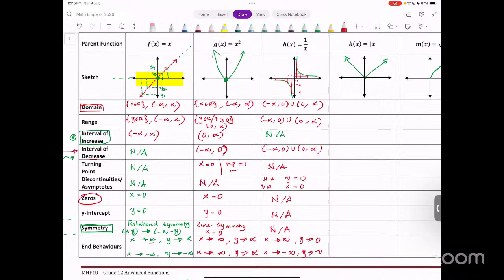Yeah, we only consider symmetry through two things: line symmetry, so if you can fold a graph into two halves, and the other one is called rotational symmetry. So basically, we take one point in the graph, we rotate it 180 degrees. It's going to come back again.